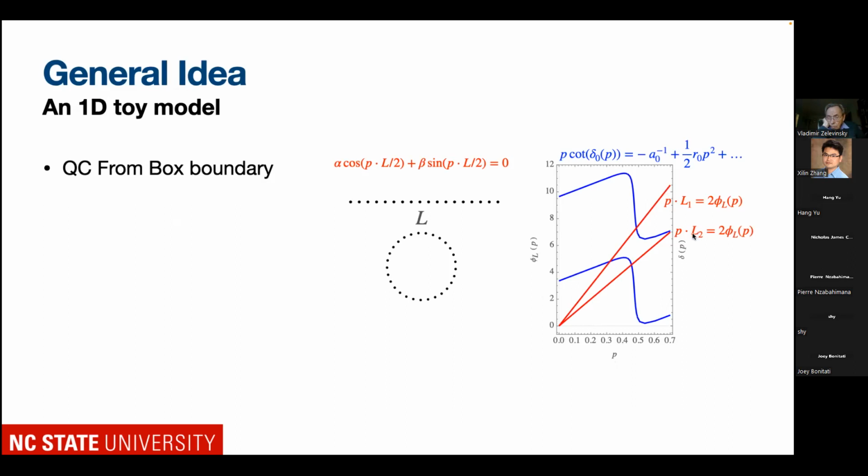If we have another size of the box, it's going to be another line with a different slope. When they meet with the infinite volume phase shift, we have a solution in finite volume, which is also an eigenvector of the corresponding Hamiltonian. In real life, we use these relations backwards. We are given a few data points that are eigenstates, and then we solve the equations to fix the relations and extract the relevant parameters in nuclear reactions.